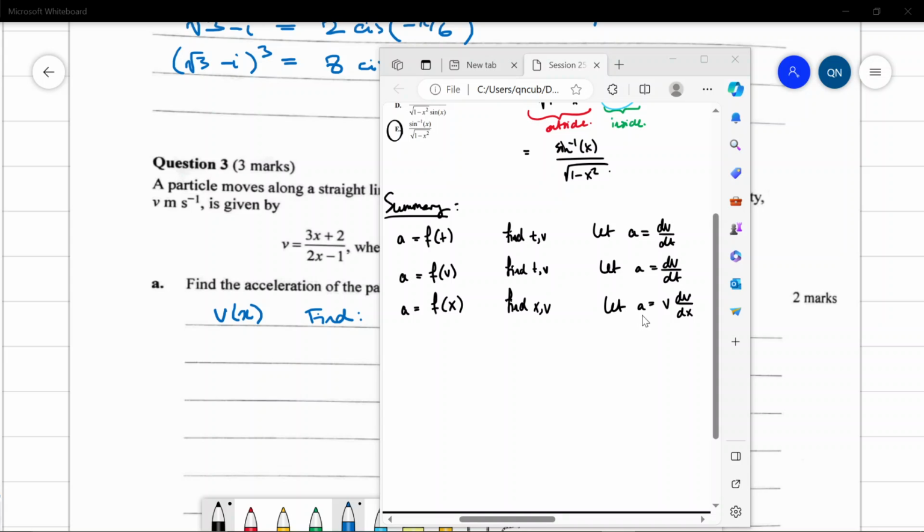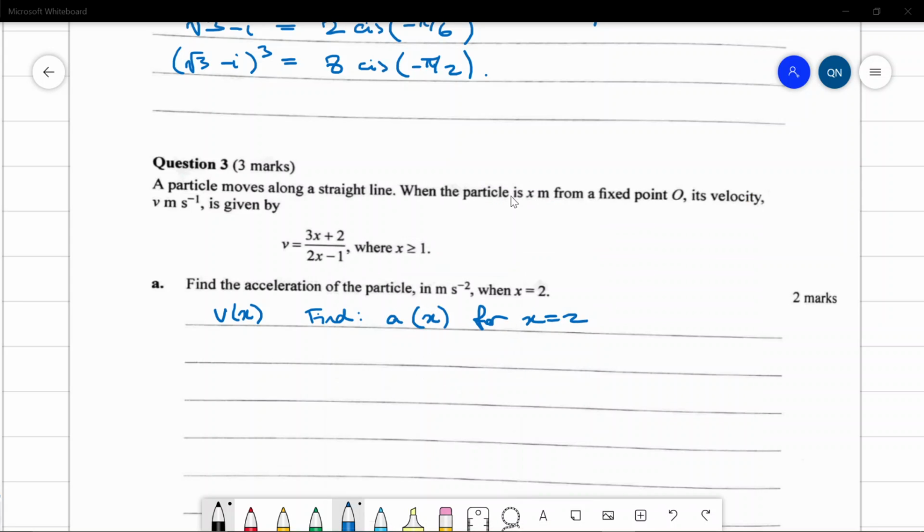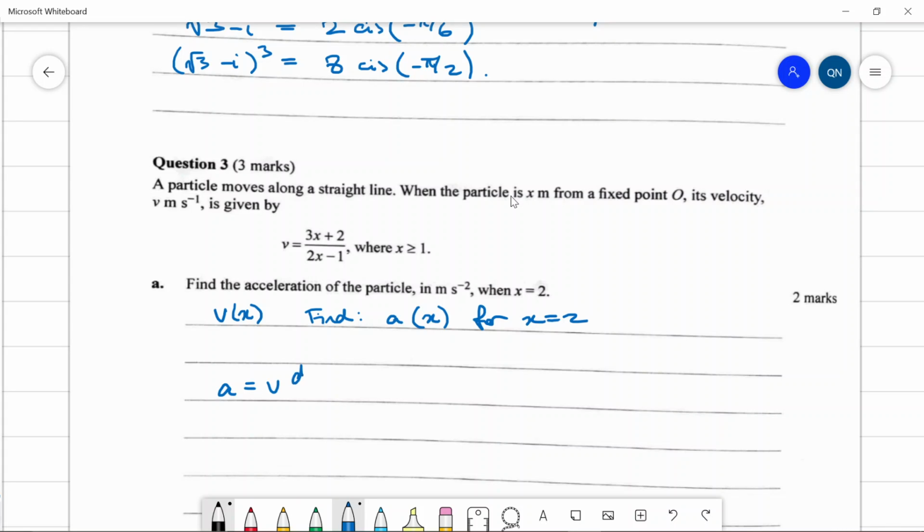So the acceleration is v times dv on dx. Using that, we have a equals v dv/dx. So that's just going to be (3x plus 2) over (2x minus 1) times dv on dx. So what's dv on dx? Well, we just gotta somehow work with this.